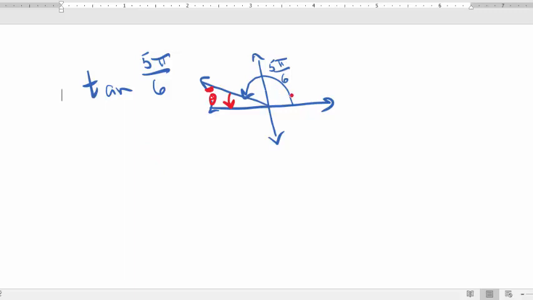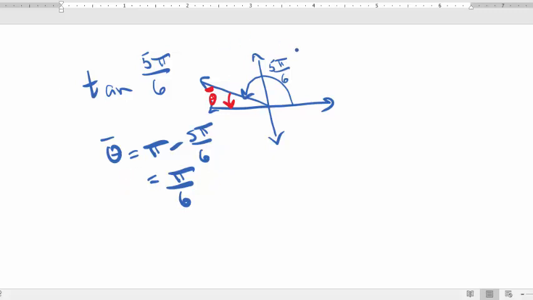So the reference angle is going to be 180, right, or pi, minus 5 pi over 6. So our theta hat in this case, theta bar, sorry, is going to be pi minus 5 pi over 6. And that's 6 pi over 6 minus 5 pi over 6, so it's going to be pi over 6.